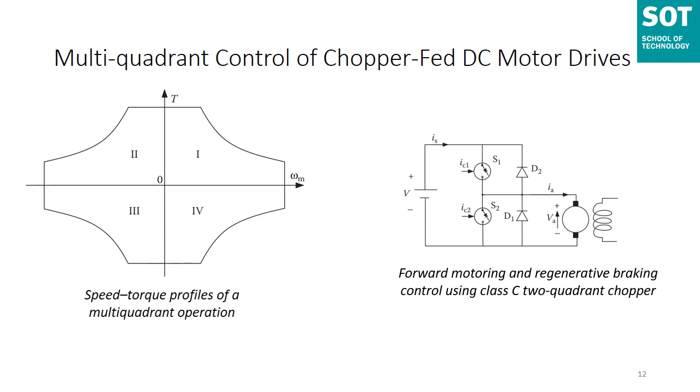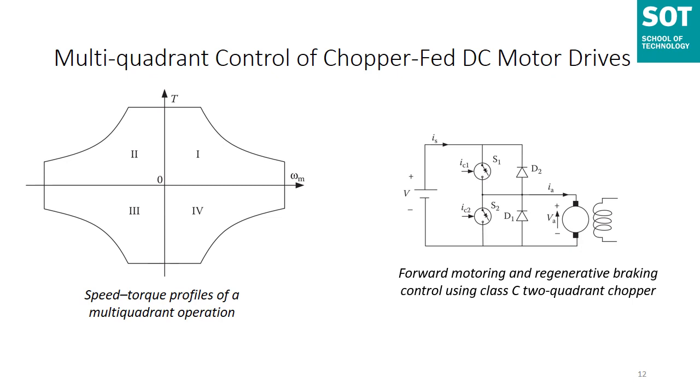When switch S1 is on, the source current path will be flowing, and we will see that the output voltage VA, that is the load, will be nothing but the source voltage capital V. And at this point of time, the armature current will be increasing linearly and will be equal to the source current IS.